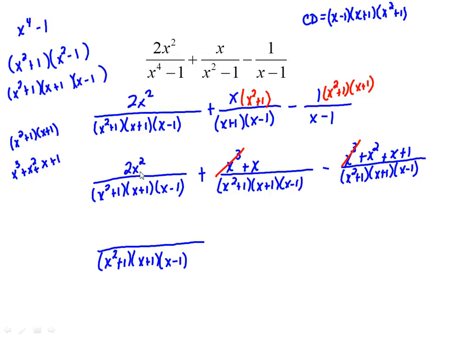So 2x squared minus 1x squared is going to give us an x squared. Alright, now let's go with the x's. You have x minus x. What happens? Yep. And then you have minus 1 minus 1.